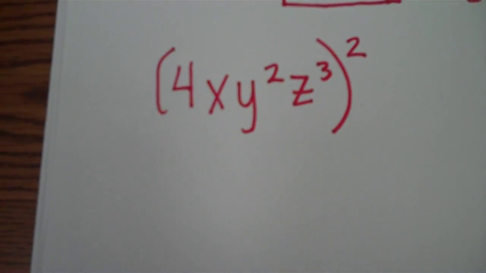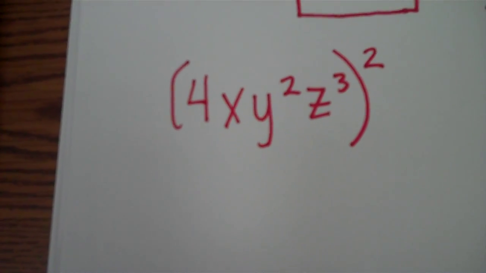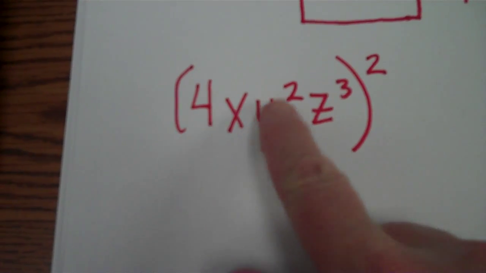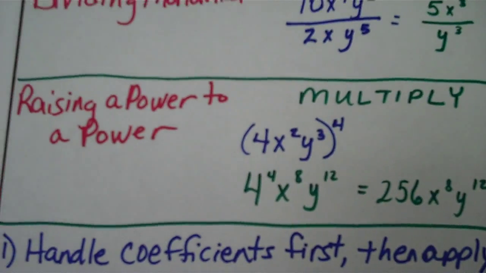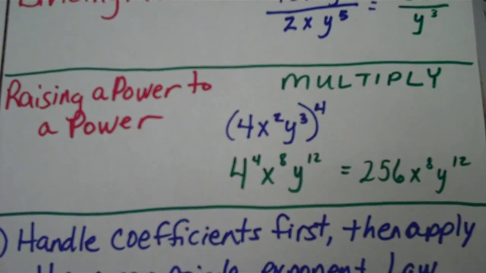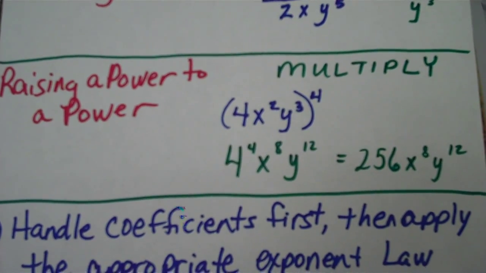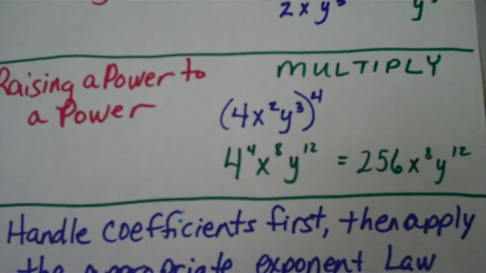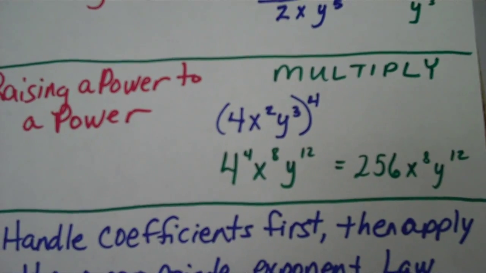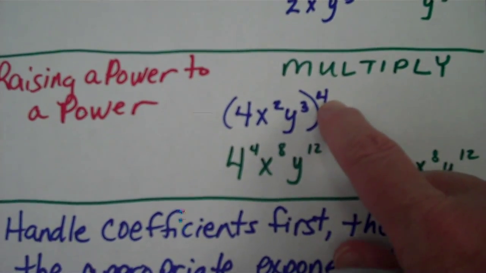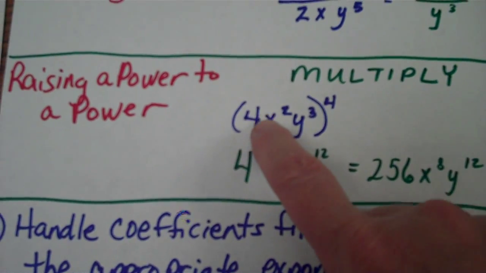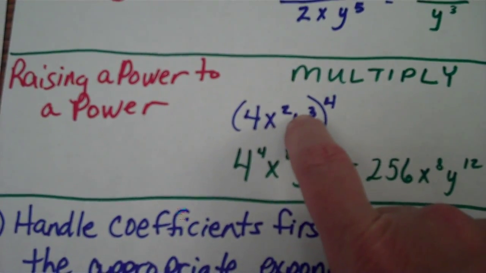Now if we go back to our law of exponents, what we're doing is raising a power to a power. So if we look at our law of exponents, raising a power to a power, what we do with our exponents is we multiply. So what we'll be multiplying is the power on the outside times the power of each exponent on the inside.